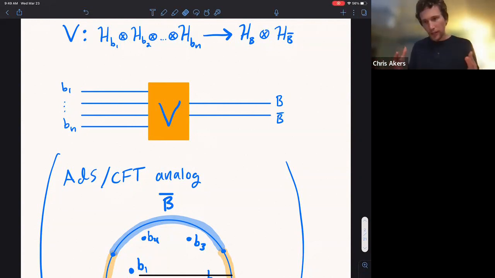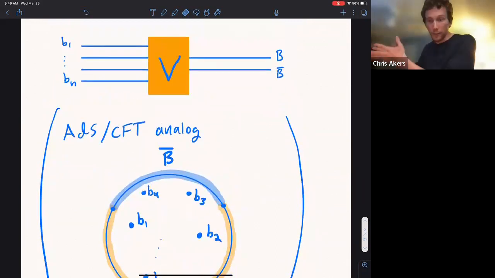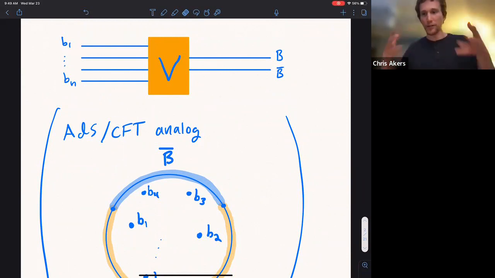It's still error correction in the sense that you have these non-trivial reconstruction statements. Like you can say things like, after the page time, the radiation can reconstruct operators in the interior. I didn't get to cover that in great detail, but you can still talk about reconstruction in these non-isometric codes.